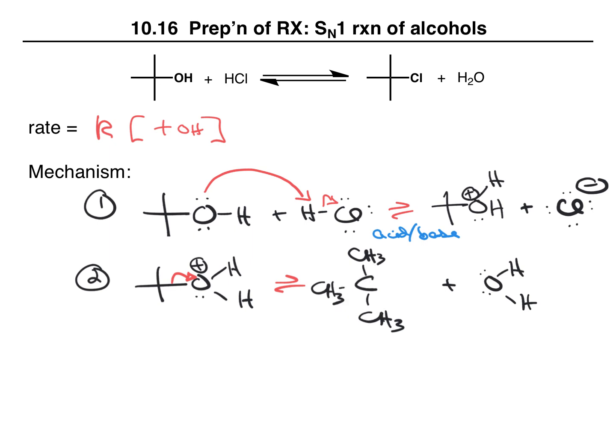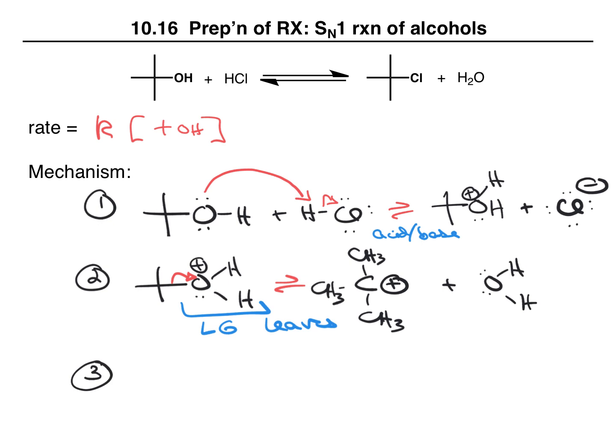It doesn't have an octet, and when we count for formal charge, it owns 1, 2, 3 electrons, and so this carbon has a positive charge. So this is called a carbocation. It's a cation on a carbon. So in this step, what's happened is that a leaving group leaves.